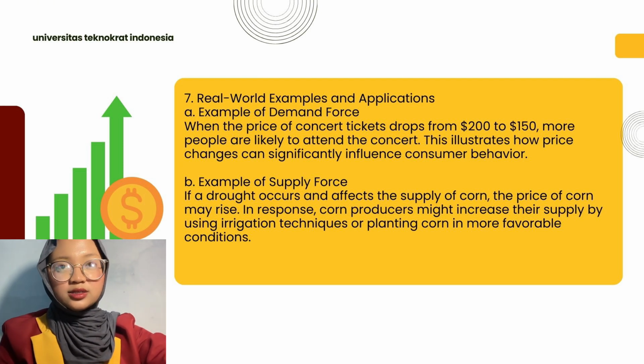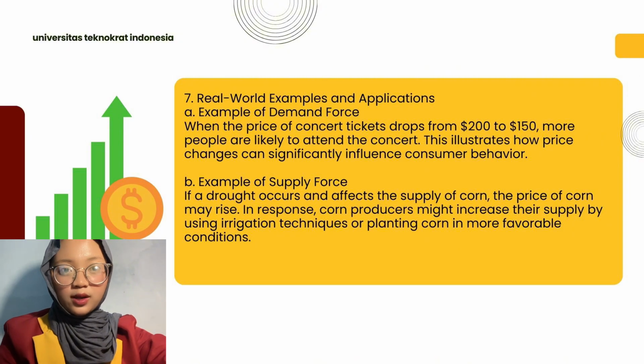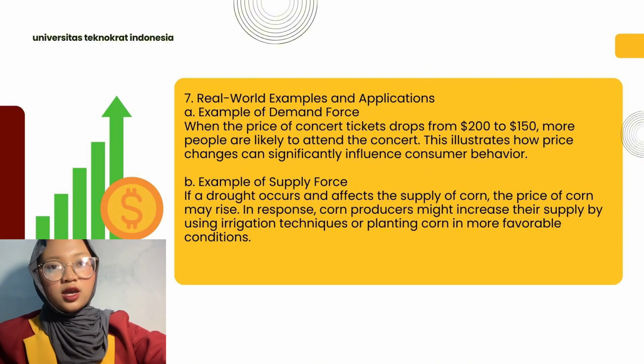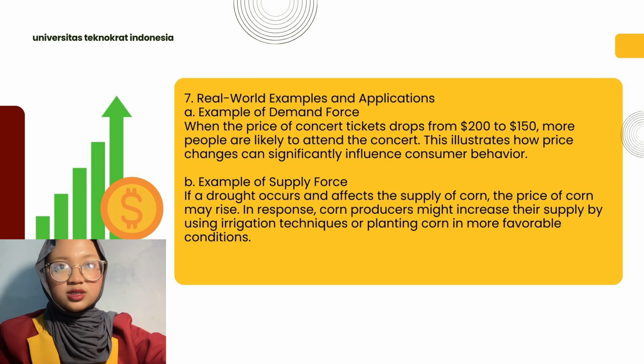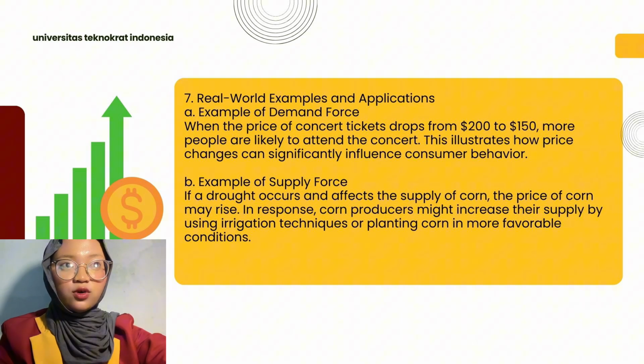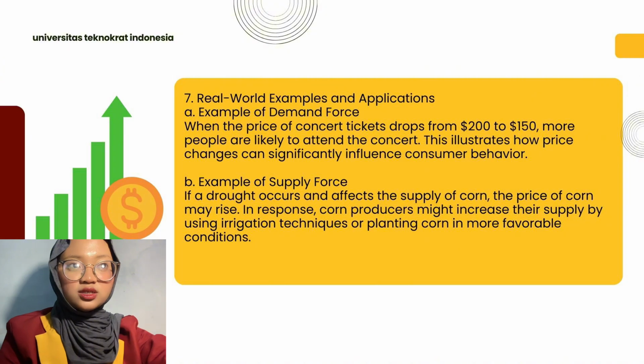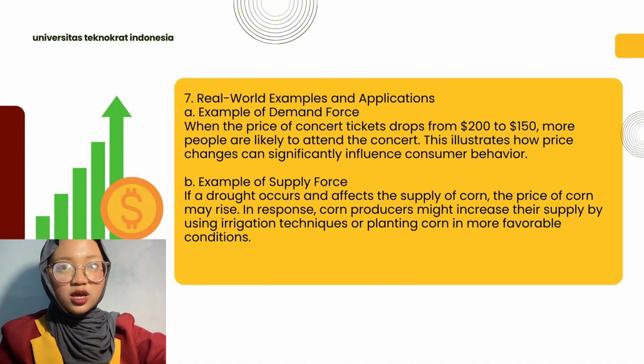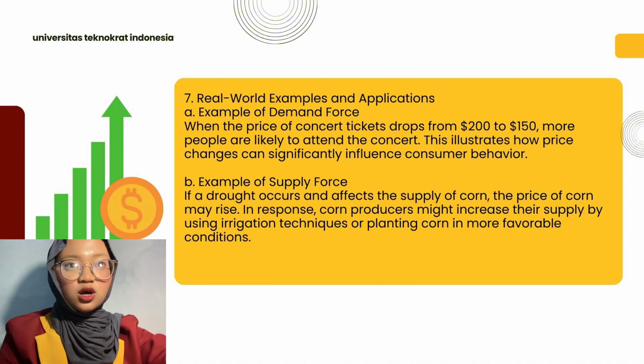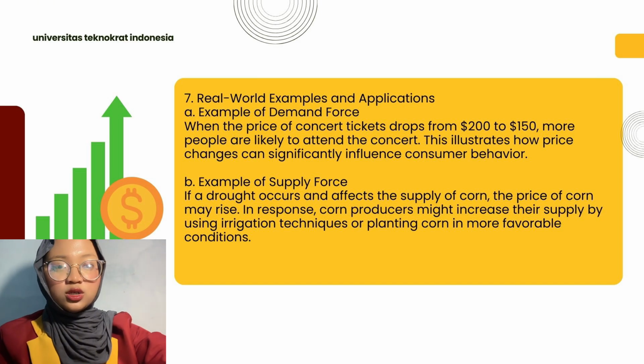B. Example of supply force. If a drought occurs and affects the supply of corn, the price of corn may rise. In response, corn producers might increase their supply by using irrigation techniques or planting corn in more favorable conditions.